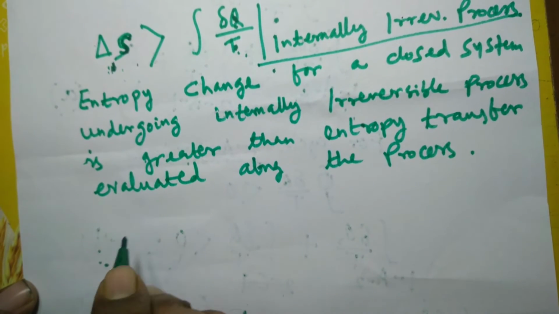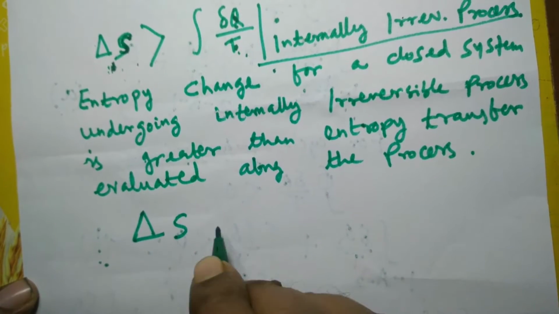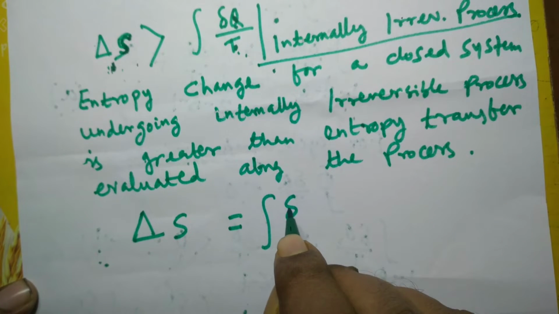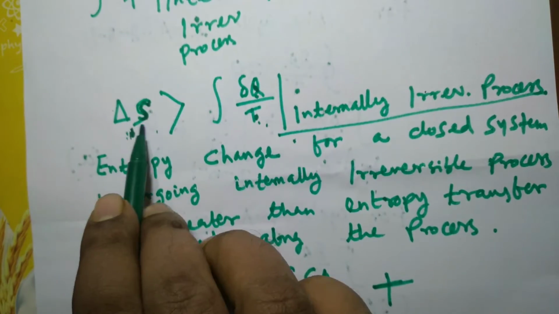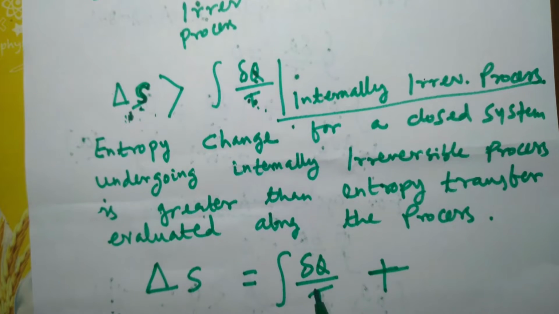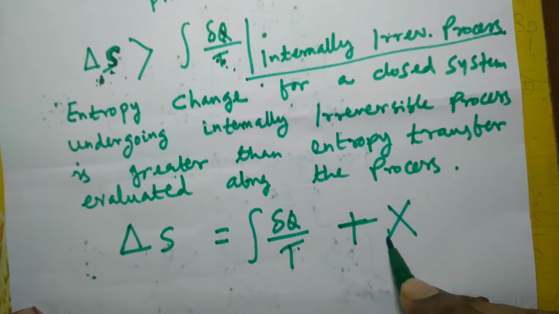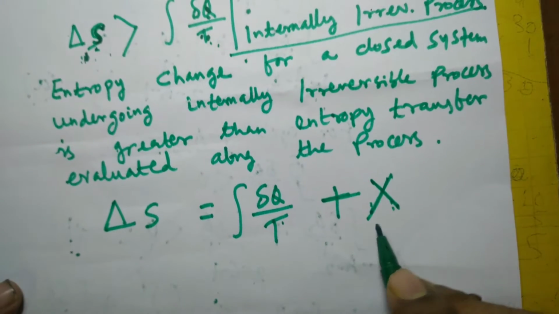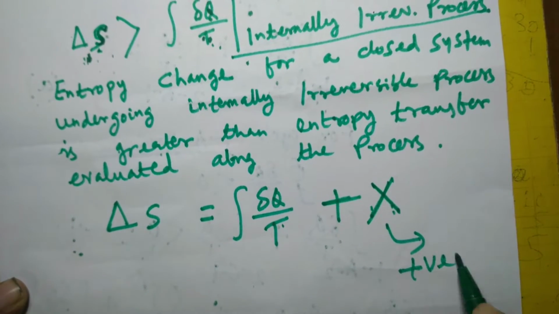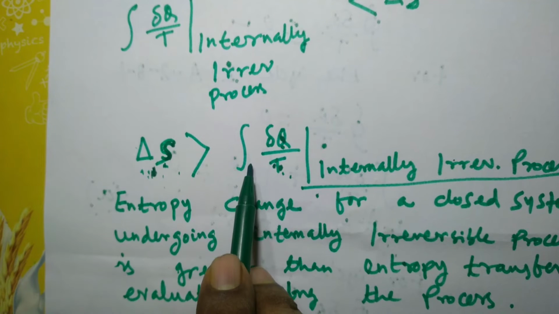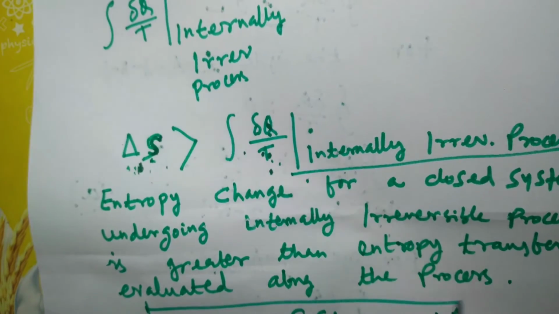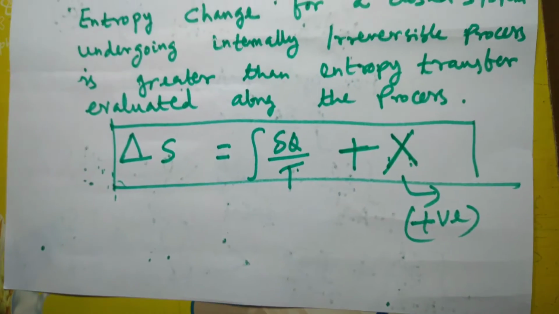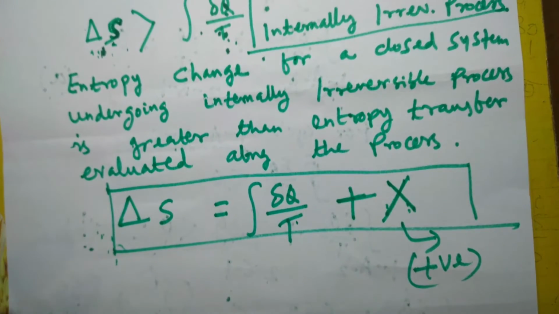That means delta S is equal to the integral of del Q by T plus something. Since delta S is greater than the integral of del Q by T, this is equal to this plus something. Suppose this is x, and this x is always positive. This relation is valid only when an irreversible process takes place in a closed system.